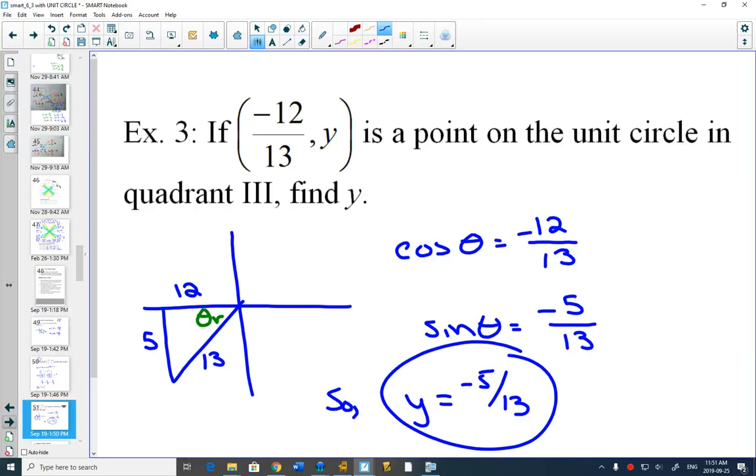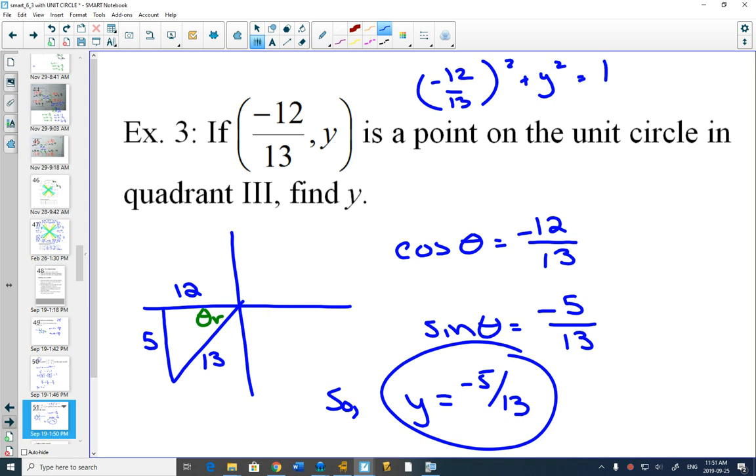This is one way I like this method. If you can draw a triangle and use a triangle, I find that works the fastest and the easiest. You could also use the definition of the circle and do negative 12 over 13 squared plus y squared equals 1.